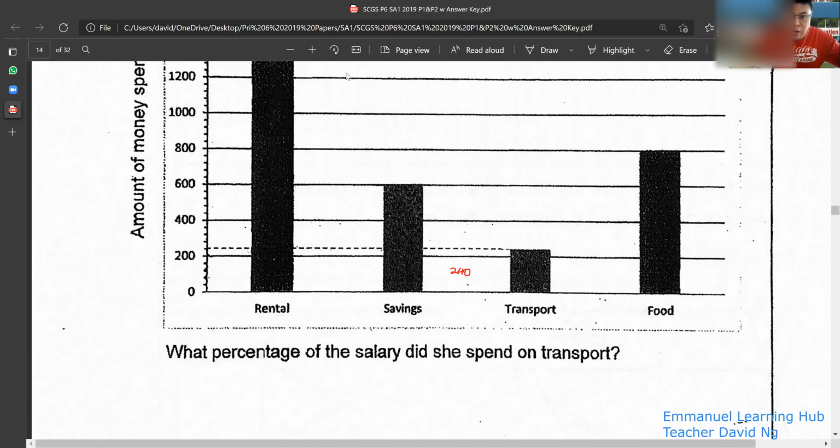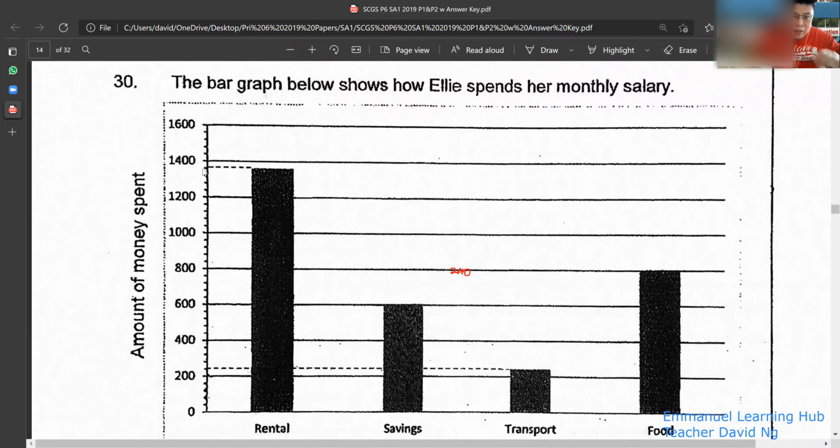So 1 gap is 40. Okay, if 1 gap is 40, this one rental is 1,360. Okay, savings is 600. Transport is 240. Food is 800.